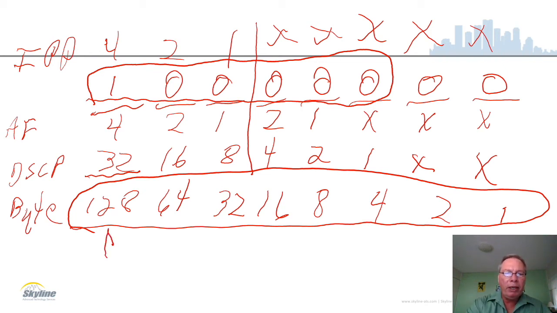The value of the entire byte is 128. So again, if you looked at this in QoS statistics, it might say the ToS value is 128. You can say to yourself, oh, I can convert that to looking at the bits, and I see that it's 128 for the byte, but it's DSCP 32 or CS4 or IP precedence 4.